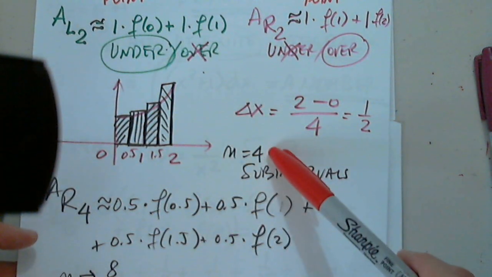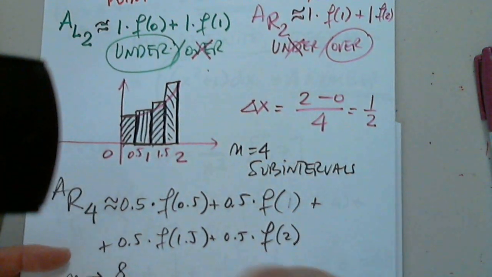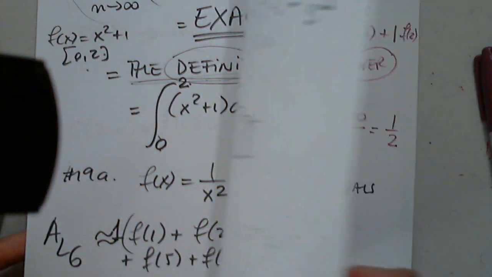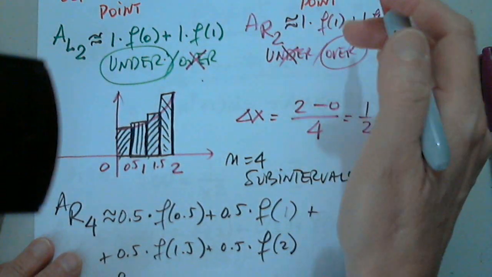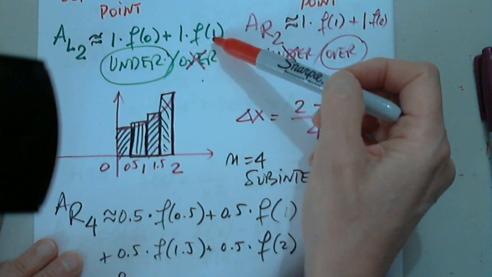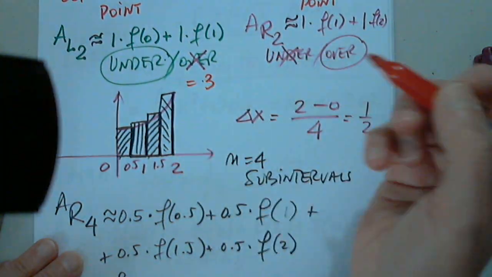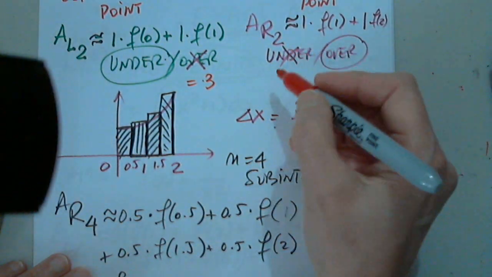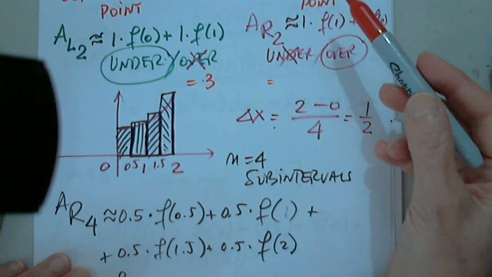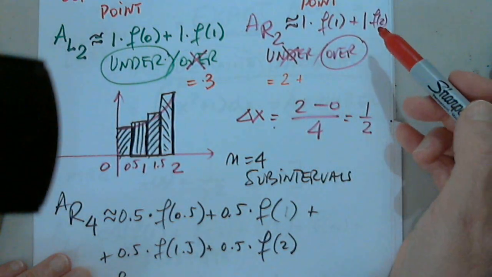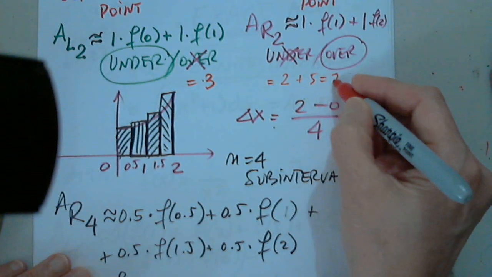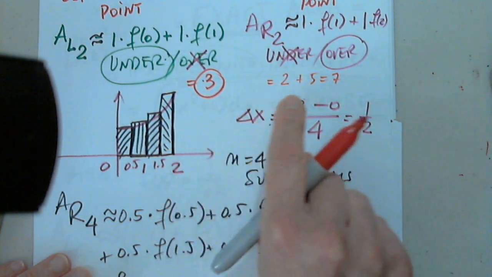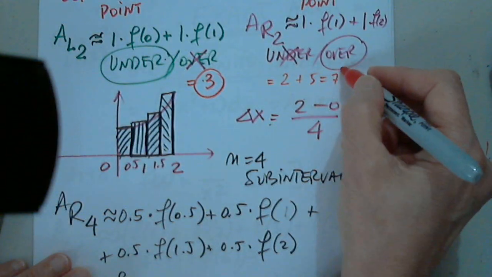I didn't finish my calculations here. So f of 0 was 1, f of 1 was 2. So this is 3. You let me move on without, okay, f of 1, it's not your fault. So f of 1 was 2, plus f of 2, 4 plus 1 is 5. So this was 7. So the area with the left was 3, and with the right was 7.